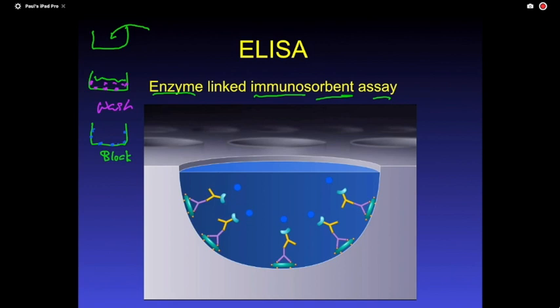Blocking is putting in a very highly concentrated protein that we know is not part of our test. We use two things. We use BSA, bovine serum albumin, which is a very common standard protein, or we use powdered milk. And the milk will coat every other part and it will make sure that there's no plastic that is open and available. So we block it.